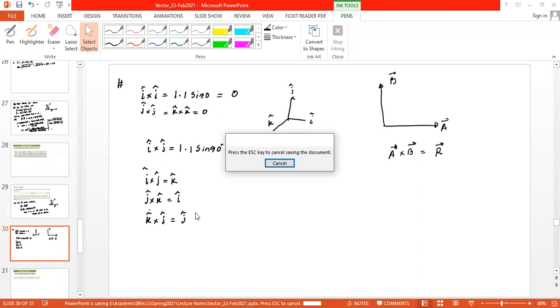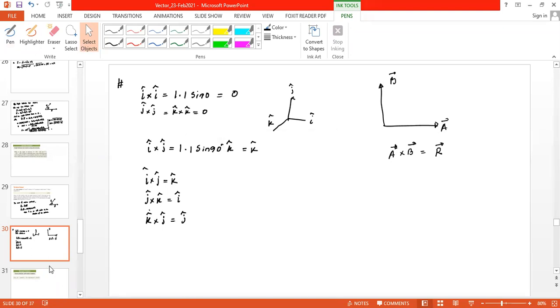Plus, I should be minus j vector because it's anti-clockwise. K cross I is j. You check yourself, okay? K cross I equal to j.